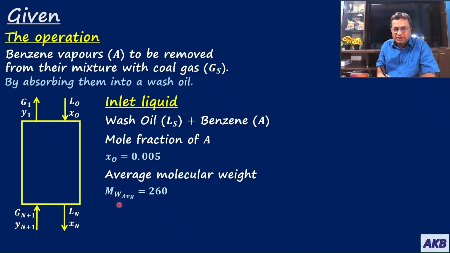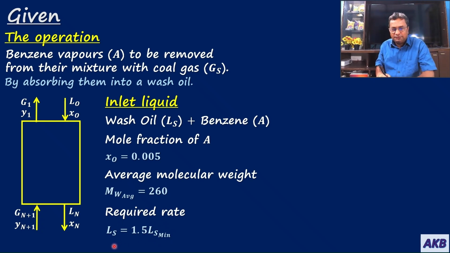Let us denote it as MW average, it is 260. Then the required rate LS has to be 1.5 times LS minimum. That is the requirement. So first we need to find LS minimum, and then using this relation, we can calculate LS.